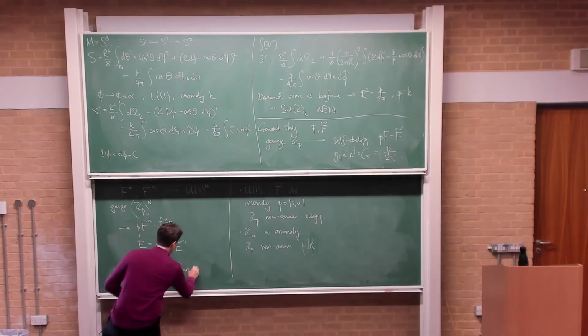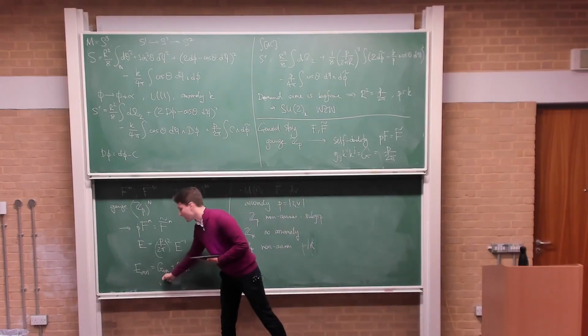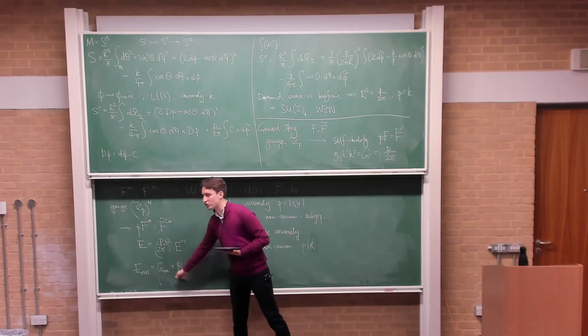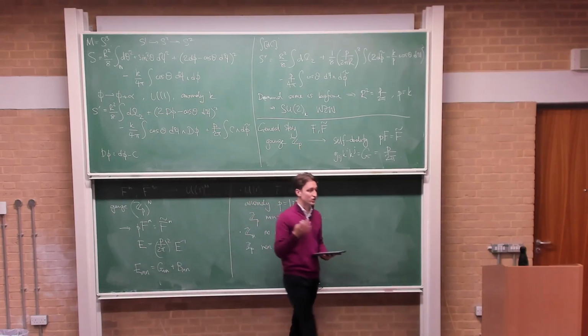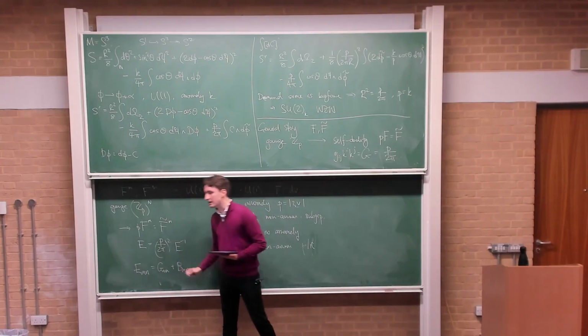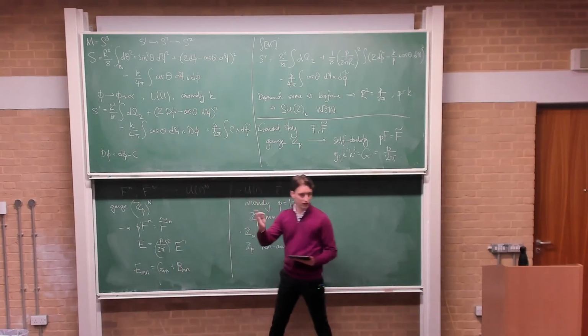And I'm not going to go into the nitty-gritty of exactly how you get this. This is to do with the lengths of all the different Killing vectors, and this is to do with the projection of H onto the different isometry directions. Okay, so this G and B, there's a load of definitions that I would have to write down that I want to skip. If someone's interested, I'll happily discuss.